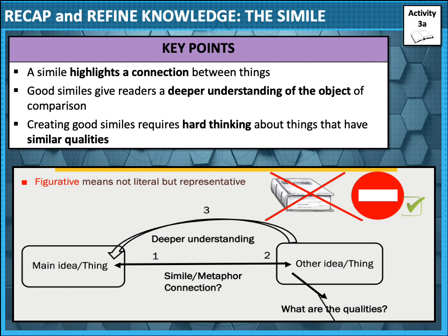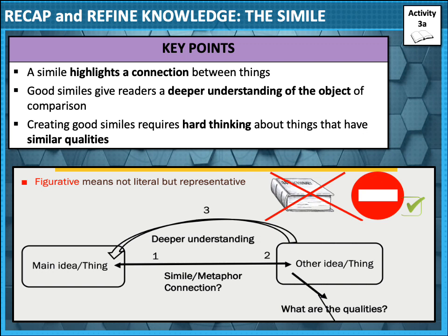So when you say something is like something else, this is the something else that is like your main idea. We are connecting the main thing with something else that we are comparing it to. And hopefully that connection will give us a deeper understanding of the main thing.